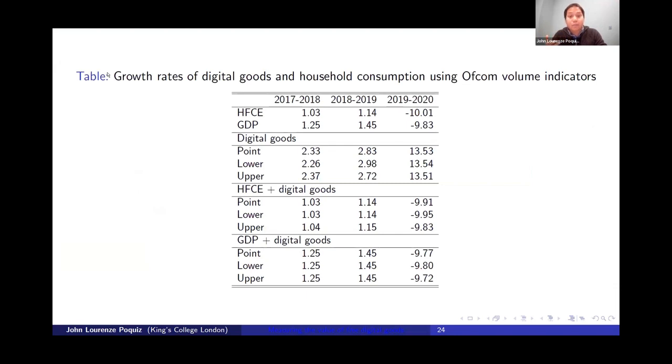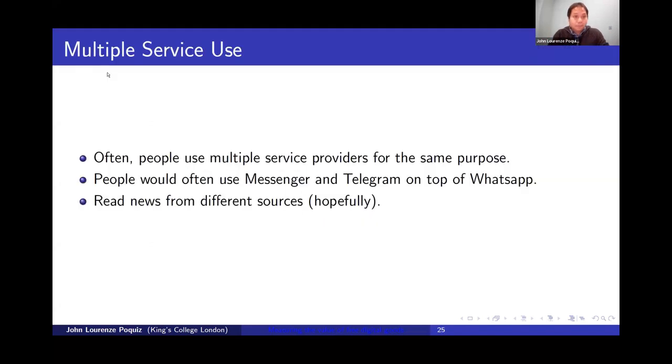It's only in the upper bound that we see some impact. However, during the pandemic, we see that the decline in household final consumption and GDP growth is actually impacted by the addition of these free digital goods and services.